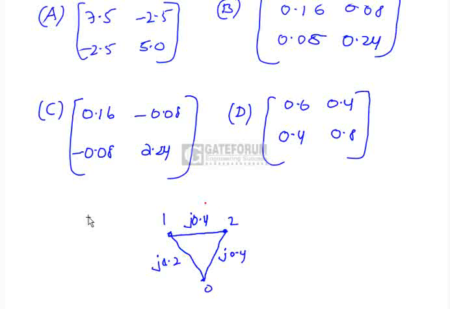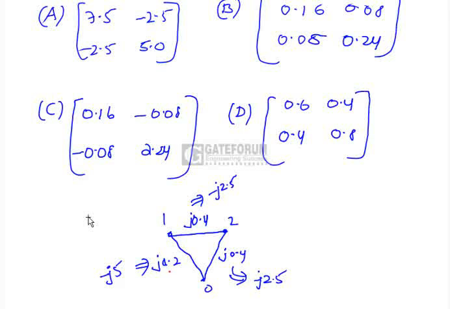This is J0.4, so the admittance here is minus J2.5. Similarly, the admittance for this one is minus J2.5, and for this one minus J5. Since admittance is the inverse of impedance, 1 by J0.2 is minus J5.